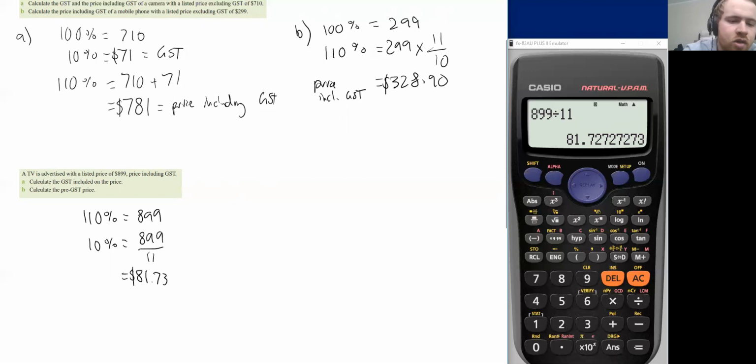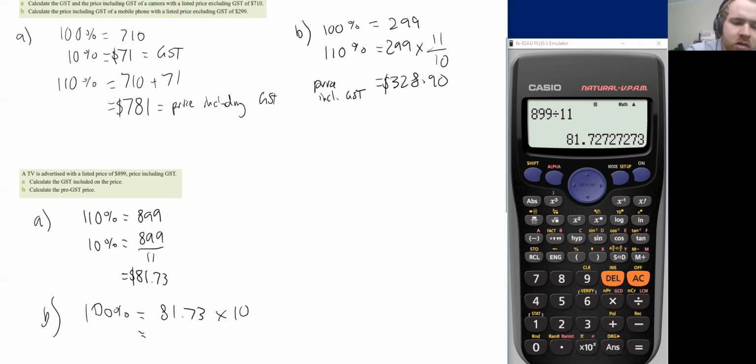Okay, that's part A. To get to part B, we need to find what 100% is. So it's just going to equal 81.73 times 10. And that will get us to our price, or the pre-GST price.